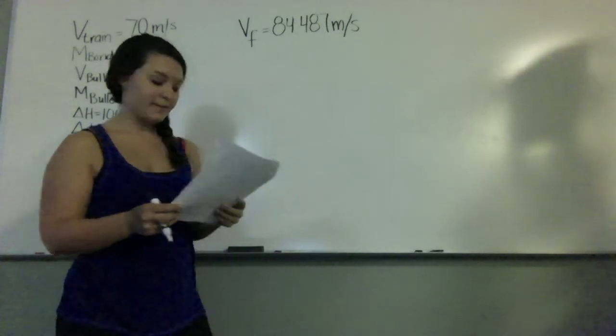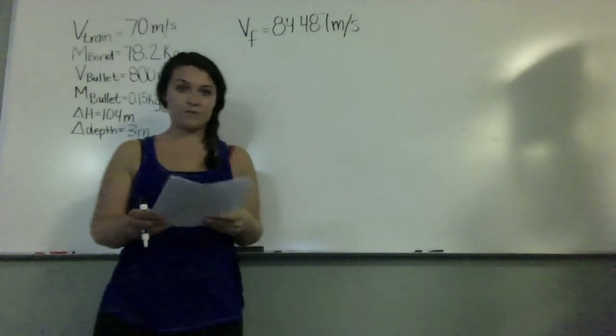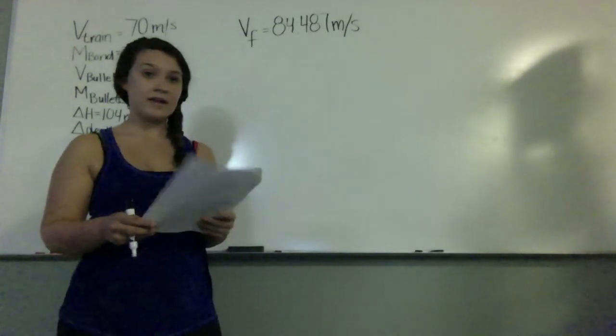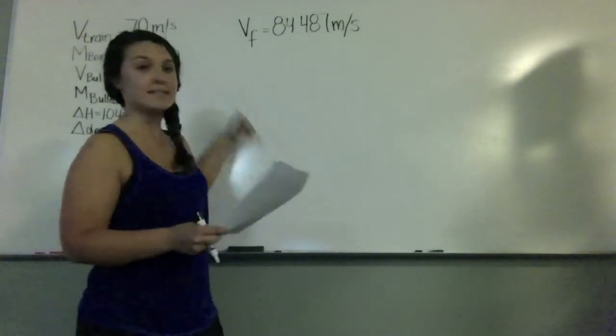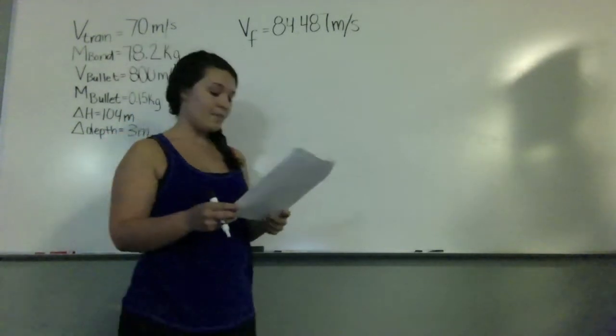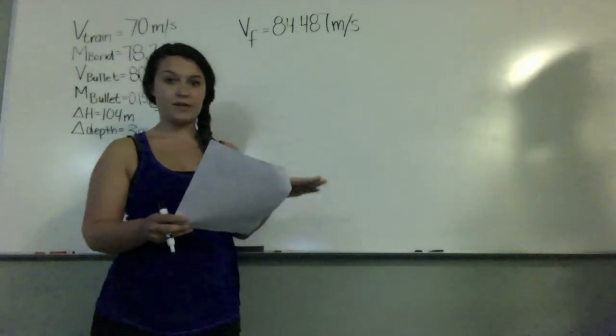Hi guys, so in the last calculation we found out that Bond's final velocity was 84.487 meters per second. Now we want to find out the impact force, and to do this we're going to calculate his final kinetic energy as he's hitting the water, and then divide it by the depth of the water that he falls.